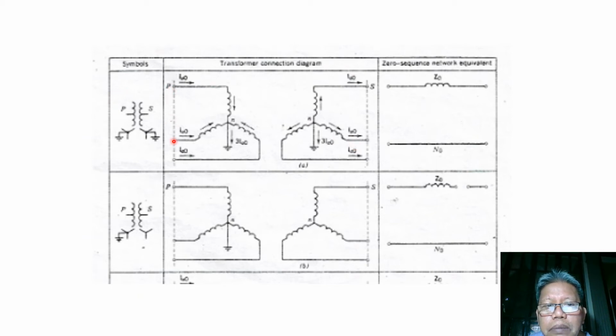Now these are our primary terminals indicated as P, and these are the three secondary terminals represented by S. So we have currents flowing here as IA0, IB0, IC0, and since IB0 and IC0 are the same as IA0, we can represent this as IA0, IA0, IA0. These three zero sequence currents, upon reaching the neutral, will just combine together to flow to the ground because our primary winding is grounded.